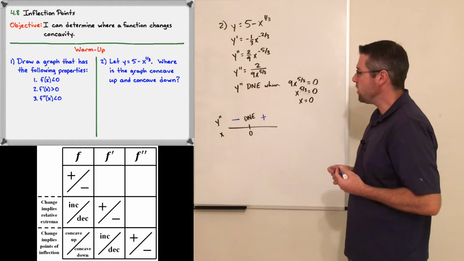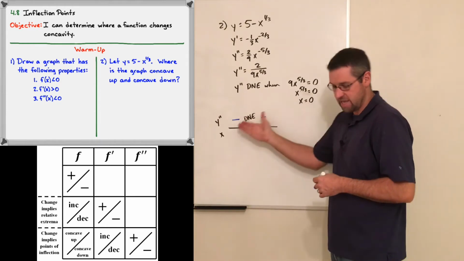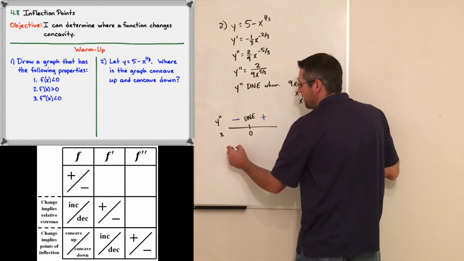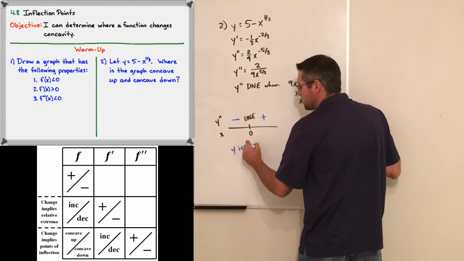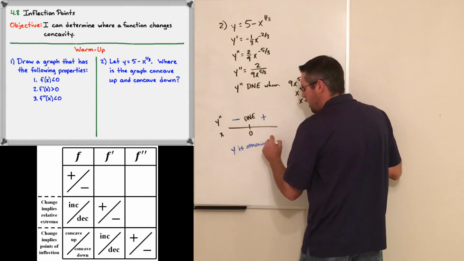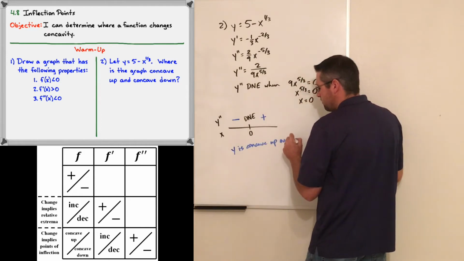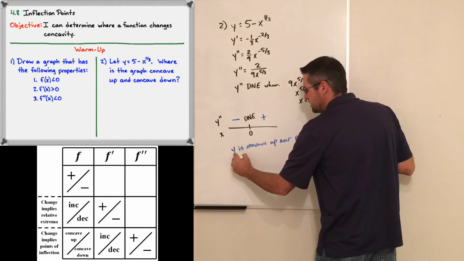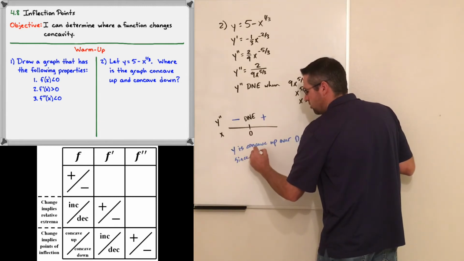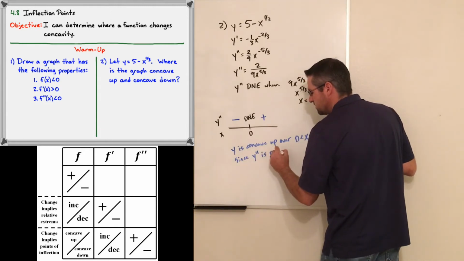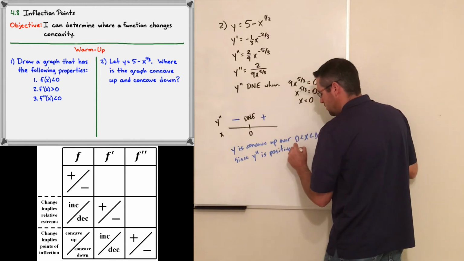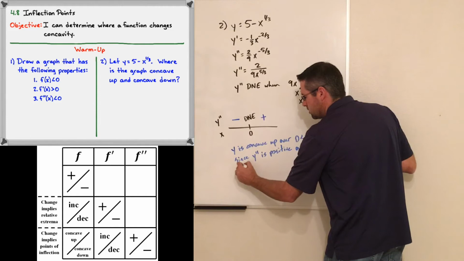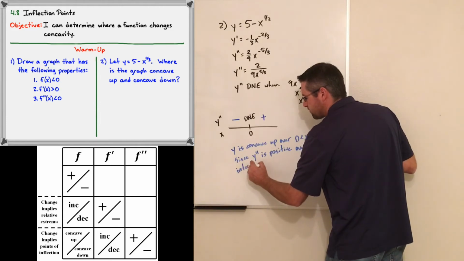There we go. We now know when the second derivative is negative or positive, and we can conclude as a result of that, we could say that y is concave up over the interval 0 is less than x is less than infinity, since y double prime is positive over this interval. Okay, so that's where we're concave up.